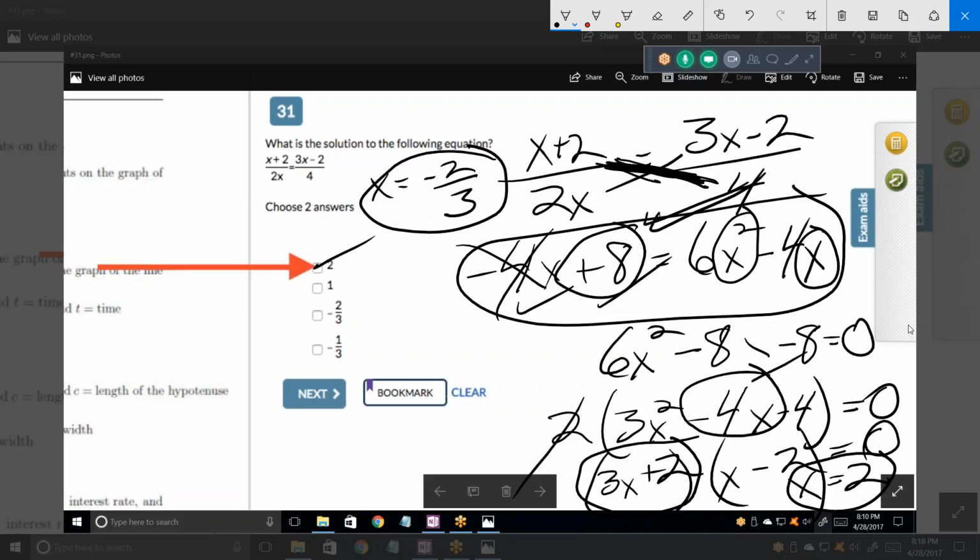Well, there's the x equals 2, and they want choose two answers. There's the minus 2/3 there. So any of these problems that have denominators, think automatically your first step, try to get rid of the denominators.